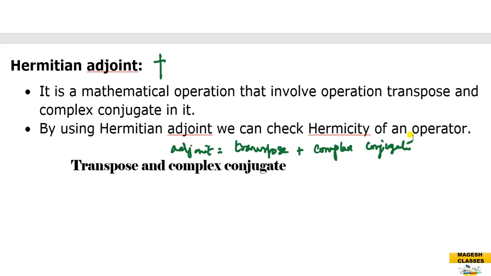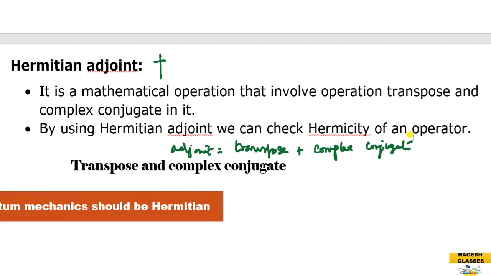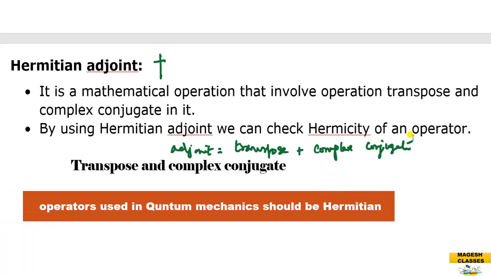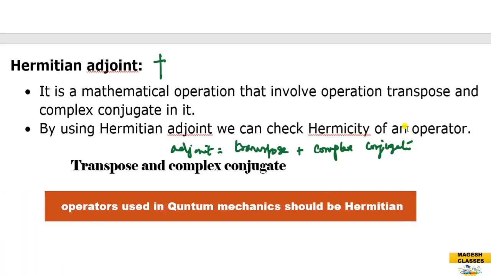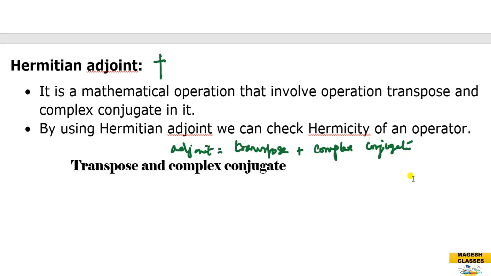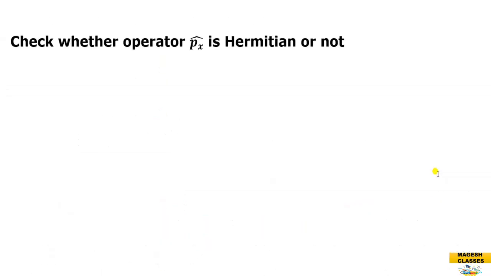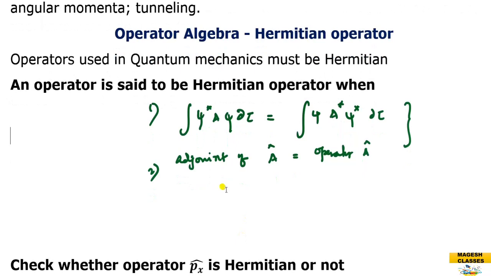The Hermitian adjoint is used to find out whether the operator is Hermitian or not. It is very important that any operator used in quantum mechanics should be Hermitian. The Hermiticity is determined by the Hermitian adjoint. So regarding the condition, the adjoint of the operator A is equal to operator A. This is the condition for Hermitian.